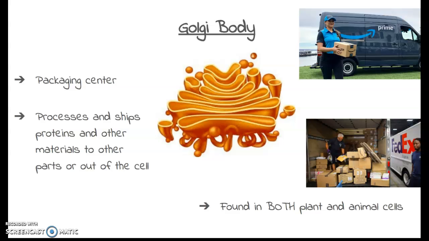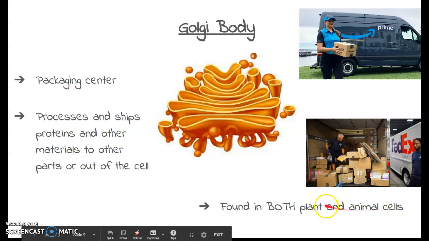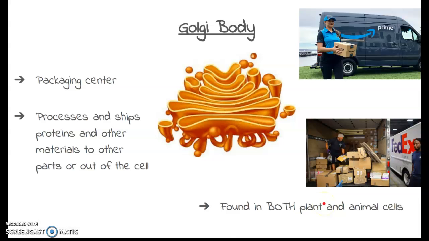So when your body needs proteins and other nutrients, the Golgi Body gets them all ready and then ships them out via their vesicles, which is why I call it kind of like the Prime or the FedEx. If you're anything like me, you've been really using Amazon Prime, so I think about this one a lot with Golgi. It gets everything ready to ship out. And again, these can be found in both plant and animal cells. So this is another one of those organelles that's found in both.